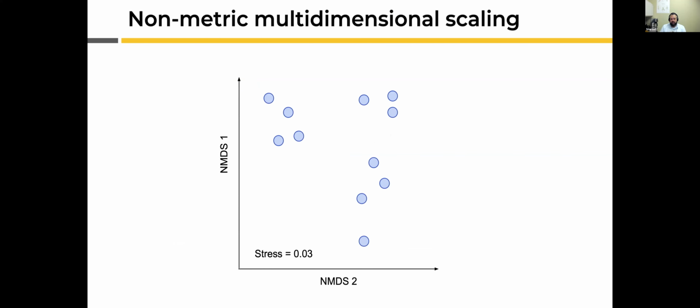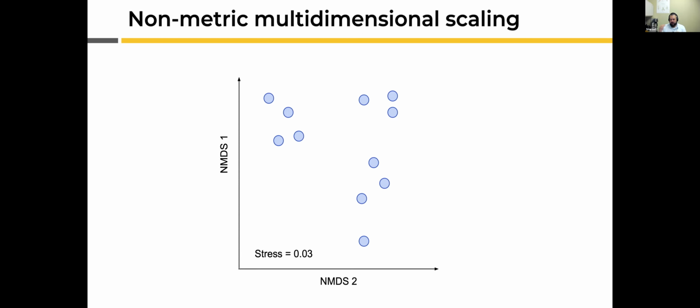Non-metric multidimensional scaling, or NMDS, is another measure. It uses ranks instead of the original dissimilarity values that PCoA uses. NMDS is an iterative process.